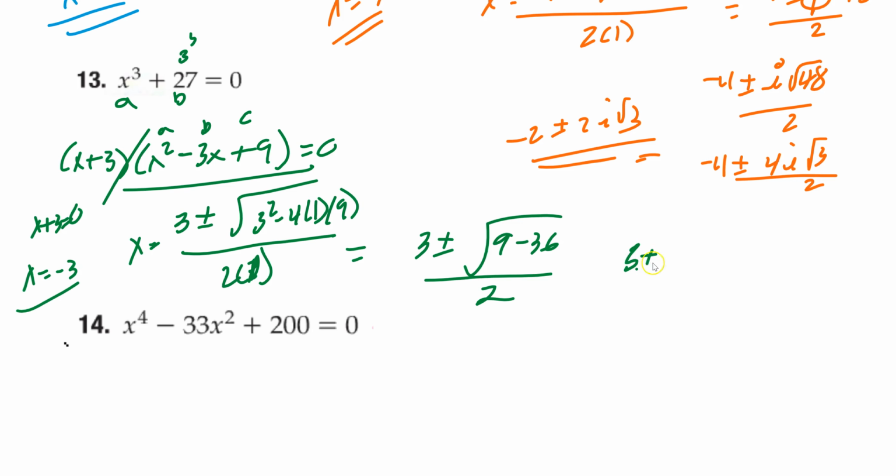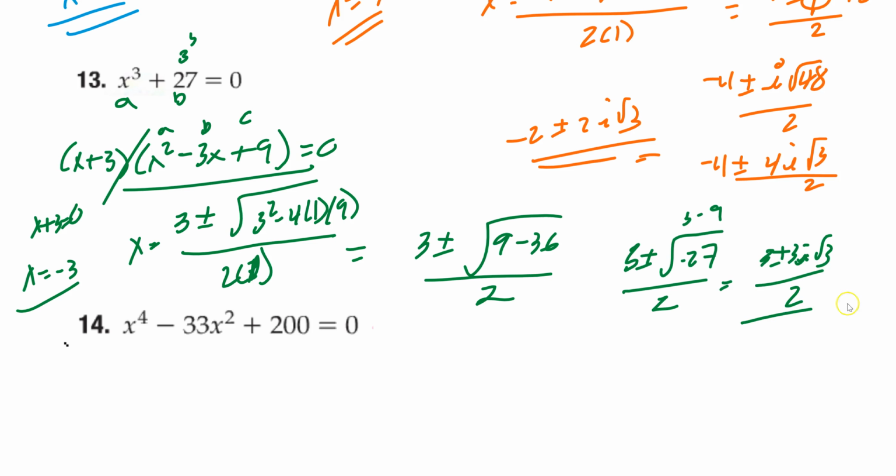So 3 plus or minus the square root of negative 27, and that's the same thing as saying 9 times 3. So that's going to be 3 root 3. Those are my 3 answers. 1, 2, 3. Not pretty, but that's how you do them.